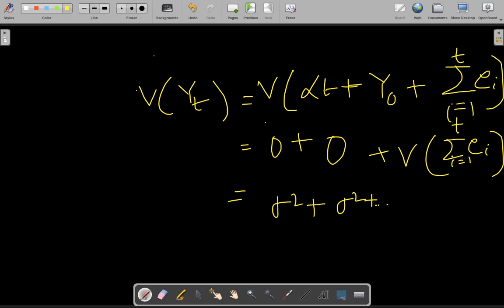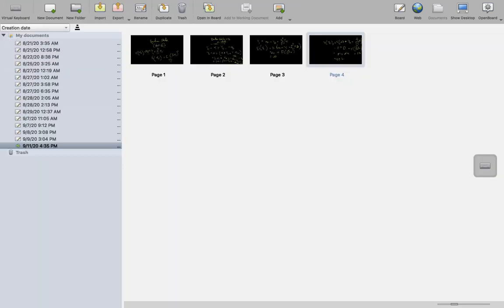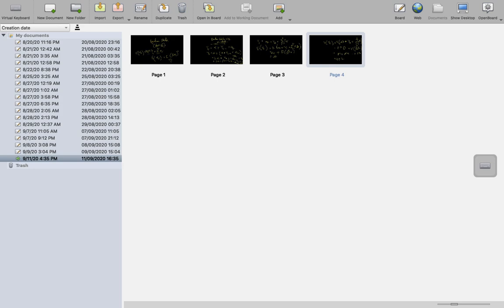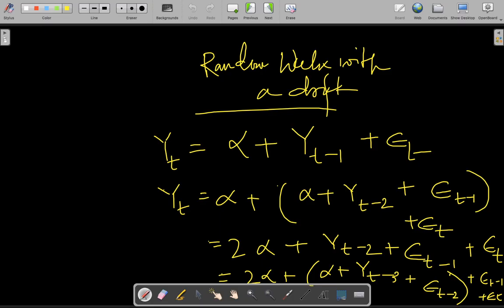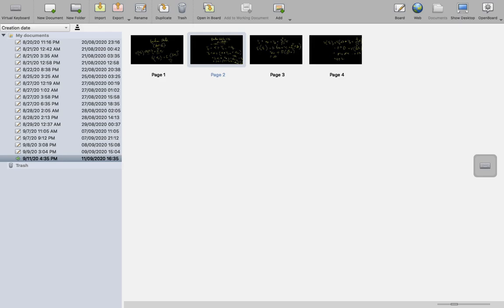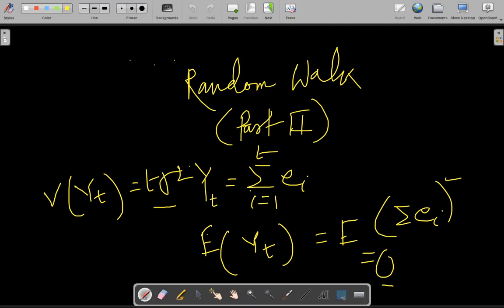Note that the variance for the random walk with a drift and the variance for the random walk without a drift are basically the same. In both cases I have variance t sigma square.